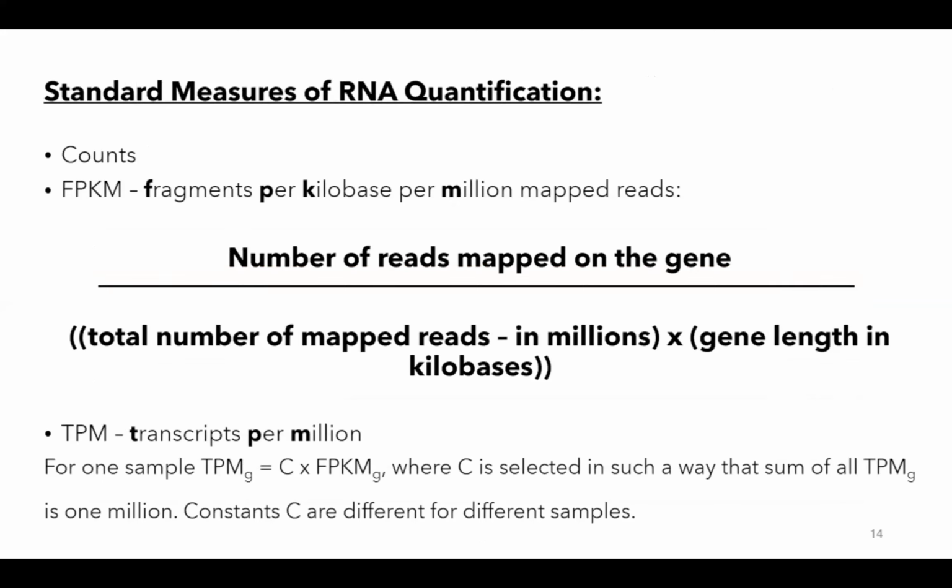Okay. And then we discussed the standard measures that were used for RNA quantification. So we have FPKM, that's fragments per kilobase per million mapped reads. Over here we have the formula: the number of reads mapped on the gene divided by the total number of mapped reads in millions, and then the gene length in kilobases.